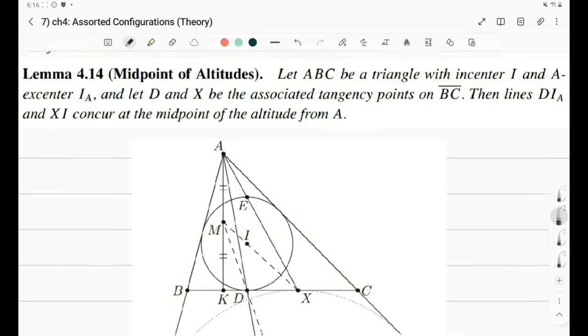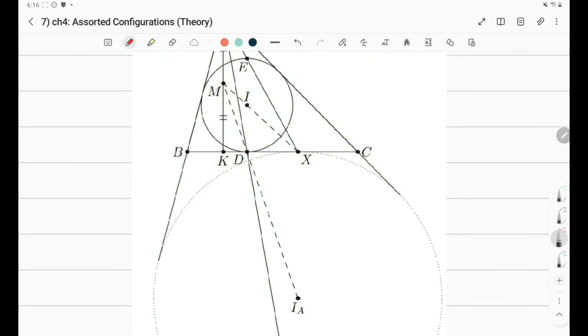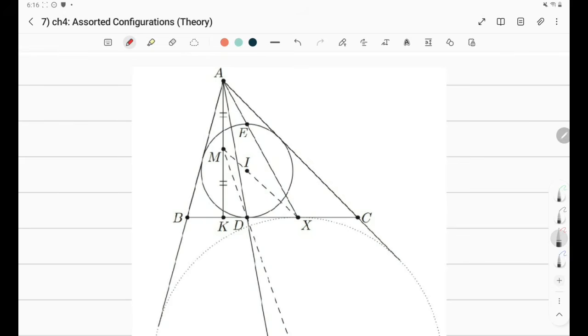But right now what we want to do is just draw the triangle ABC. And as you can see here, we have the touch point D and the touch point X of the exterior one. So we have the excenter here, IA, and the excircle, of course. And what do we want to do here?